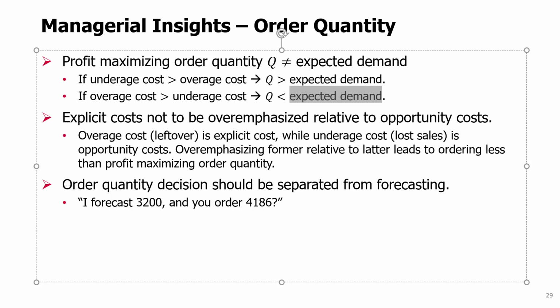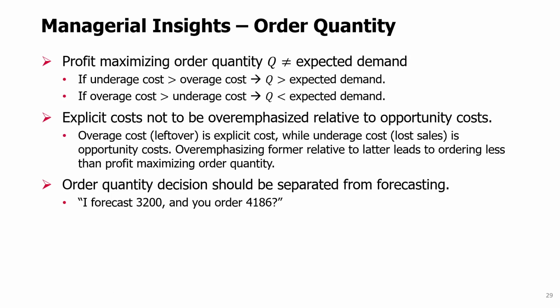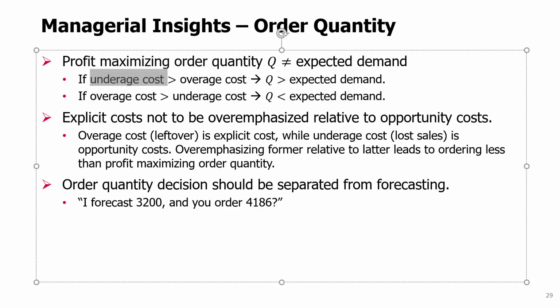It's also important to realize that explicit cost shouldn't be overemphasized relative to opportunity cost. And why? Because the underage cost is actually lost opportunity cost, and we should still take care of it, because if you want to maximize profit, you have to recognize not just the actual cost, the explicit cost of overage, like the leftover will cost us, in this case $20.